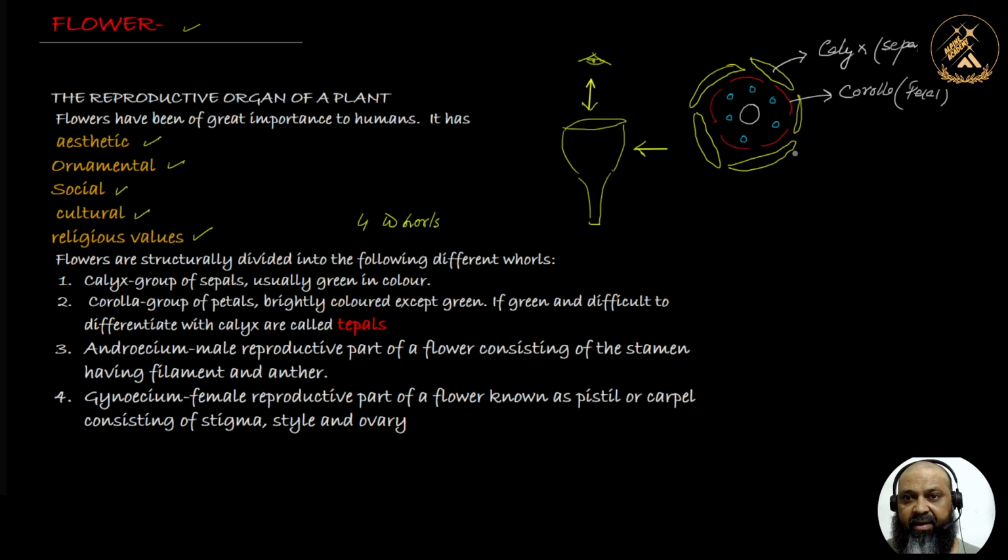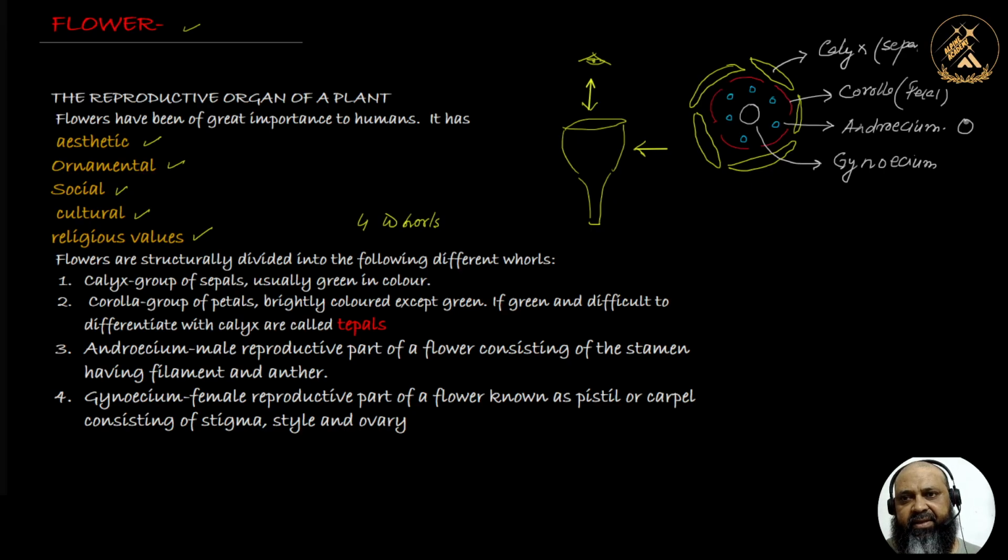It's a group of petals. And these blue ones are numerous or maybe few, it depends. They are variable. They are known as the androecium. And the innermost is the gynoecium, which is the female part.